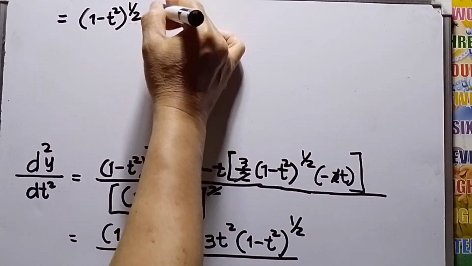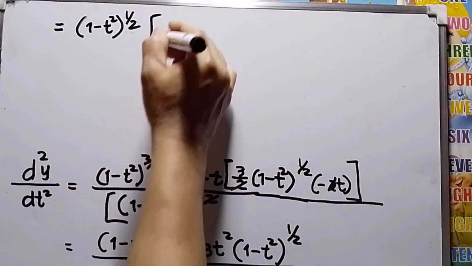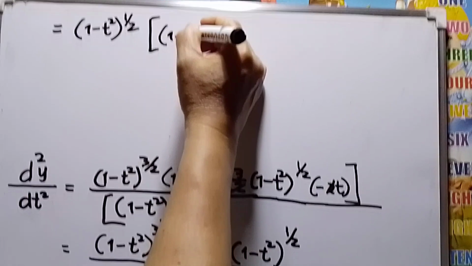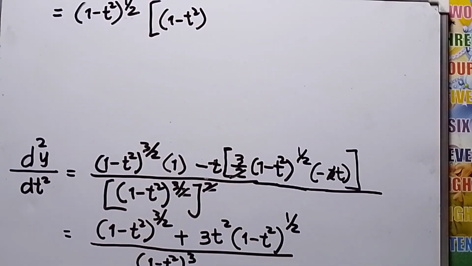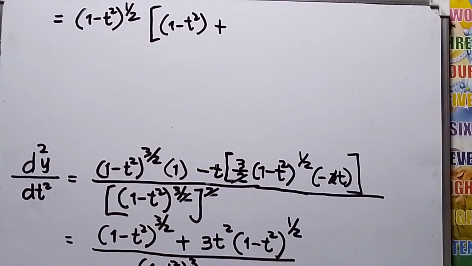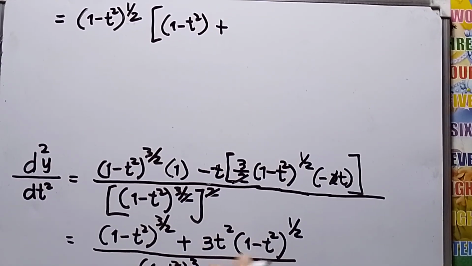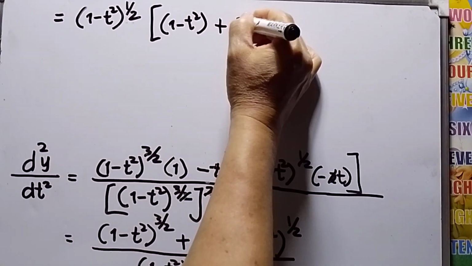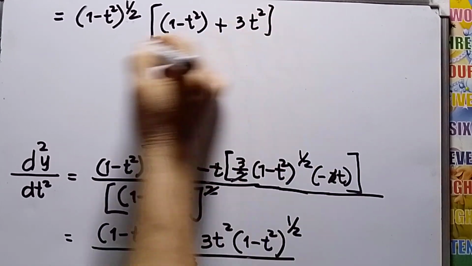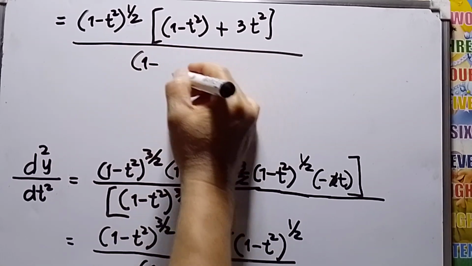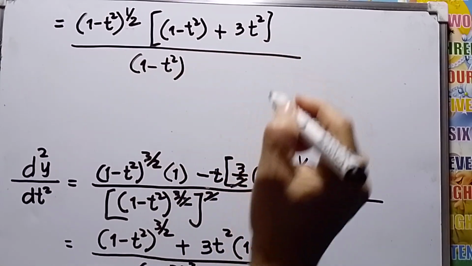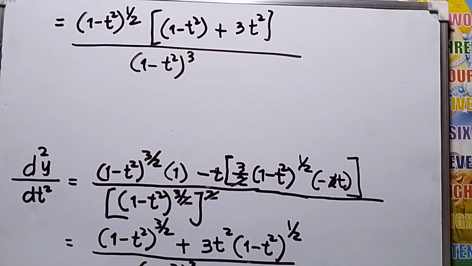And then this will be 1 minus t squared, 1 because 3 halves, plus this one is already outside, so this will be 3t squared. Then all over 1 minus t squared raised to the power of 3.